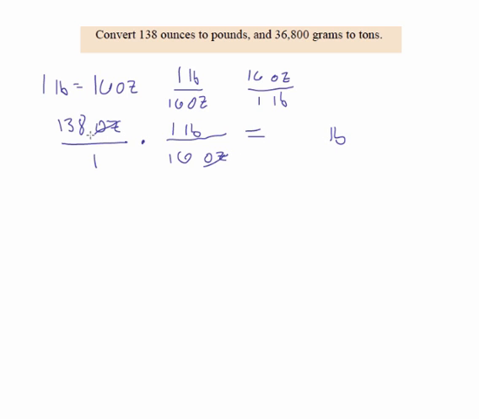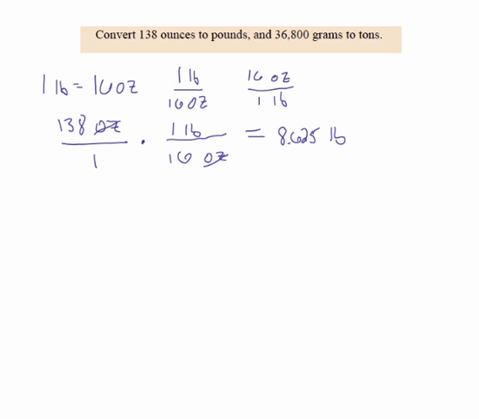And numerically, now I can see the calculation I need to do is 138 divided by 16. And that is 8.625, so I conclude that 138 ounces corresponds to 8.625 pounds.